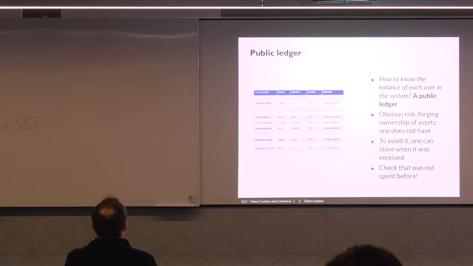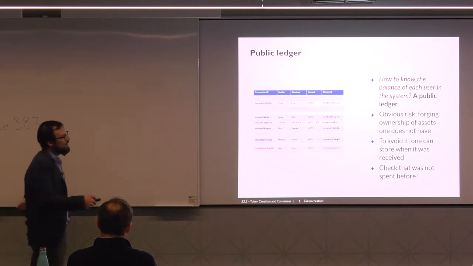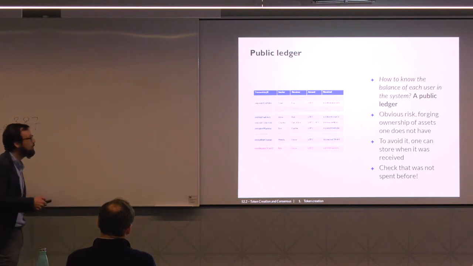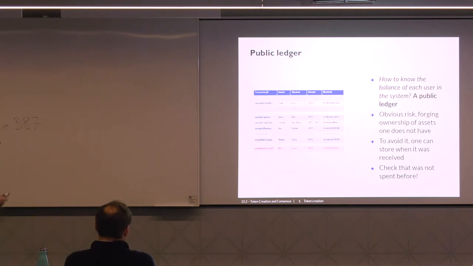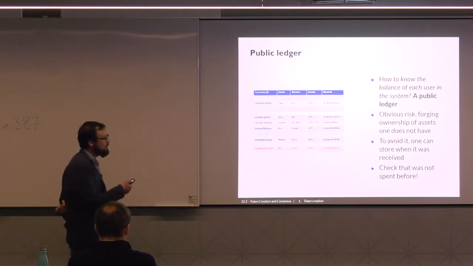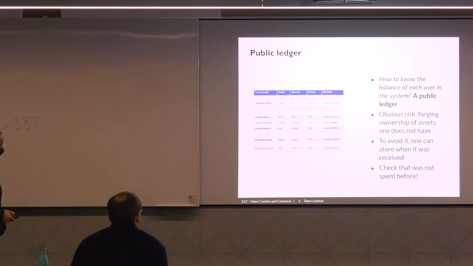Every time a new transaction comes, we have to bear the burden of checking whether the transaction was spent or not, whether this transaction exists and is whatever Bob is claiming, and so on and so forth. So there are multiple things that have to be done. It looks like the verification process is costly. Everybody must have a copy. So this seems to be a reasonable solution, but we don't know why people should verify.